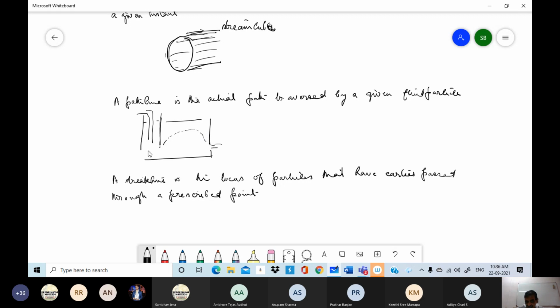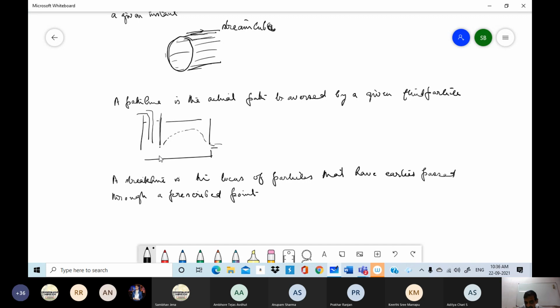Then the line we get is the set of points, all of which pass through this point at an earlier instant of time.